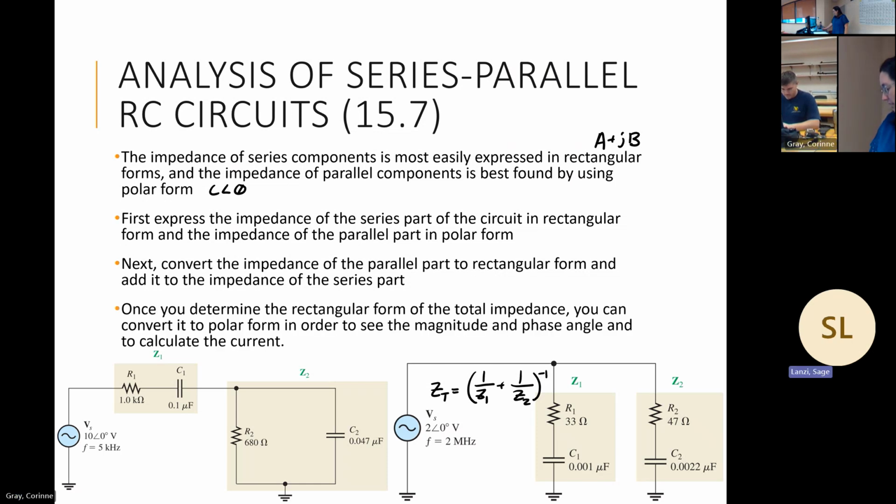So yeah, these are just the general steps for what you're doing. R2 and C2, those are series, right? For the one on the left or the one on the right? R2 and C2 are in parallel, because we could draw the line like that to connect it.